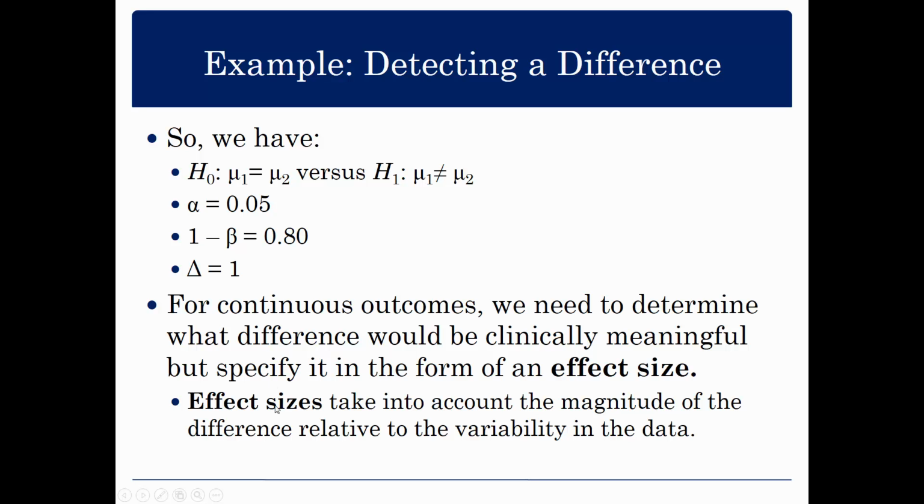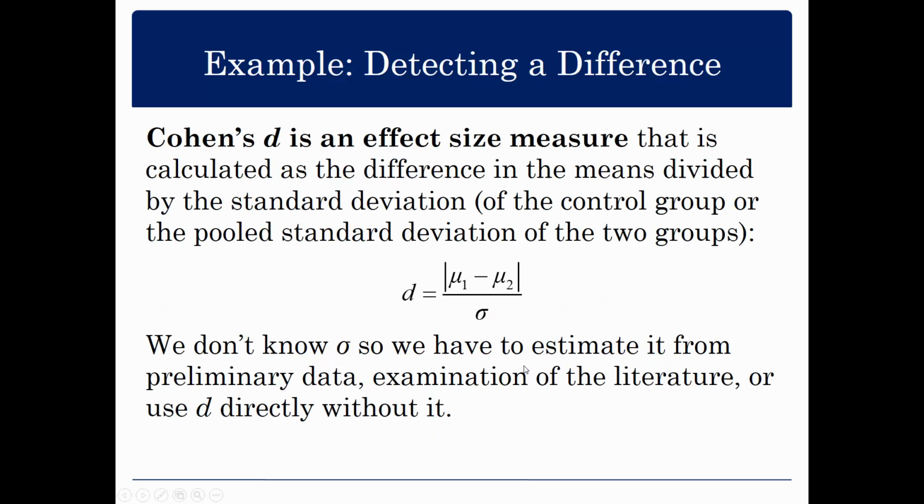Here, the effect size is one approach to determining what difference would be clinically meaningful if there's not enough information about what could be clinically meaningful, and that's in the form of an effect size. Cohen's d is one of these effect size measures that allow us to skirt around specifying the clinically meaningful difference, because it specifies the difference between the two groups and standardizes it by some measure of the noise in the data.